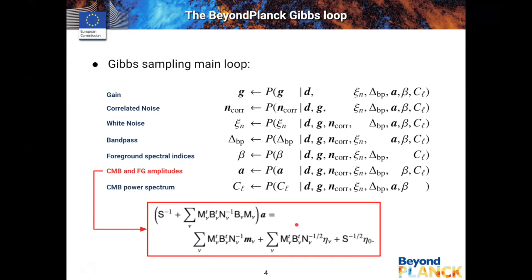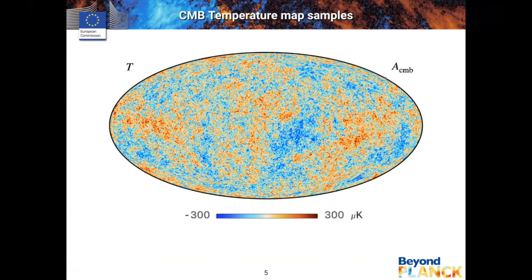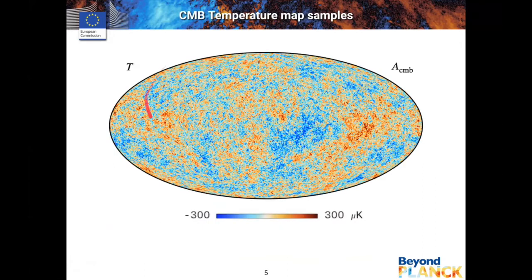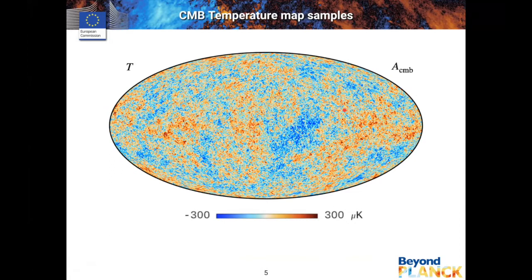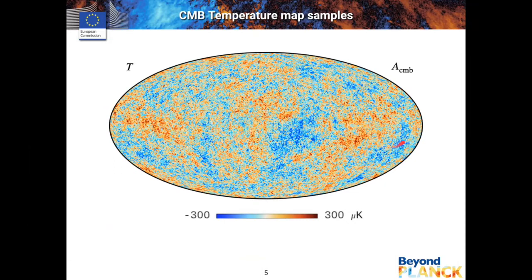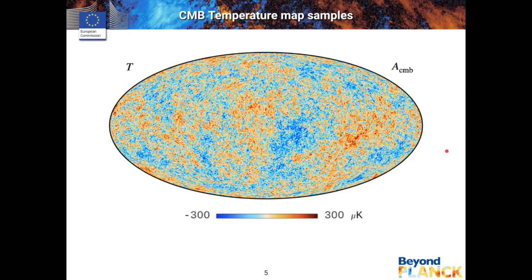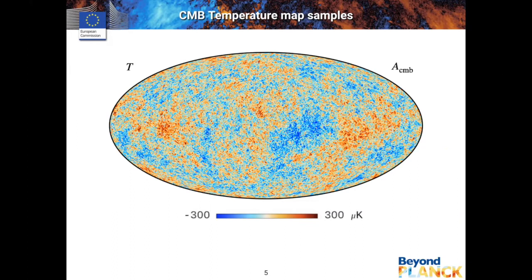And the result of this CMB sampling is a set of maps like this that represents our CMB sky as measured. You can see in the galactic plane the mask imprinting, which is filled with different constraint realizations. This is an animation showing some samples from the full dataset provided by BeyondPlanck.